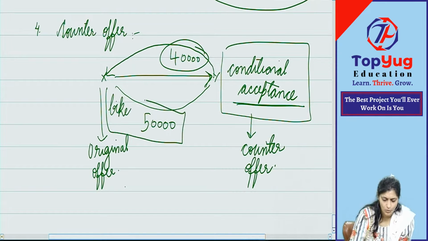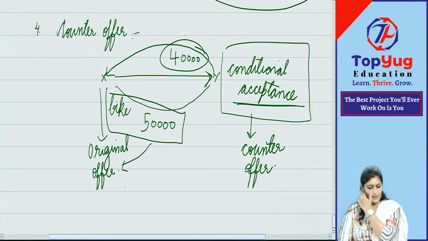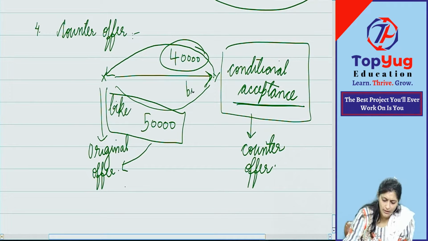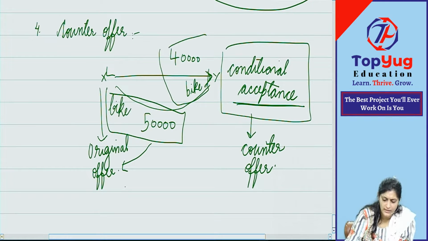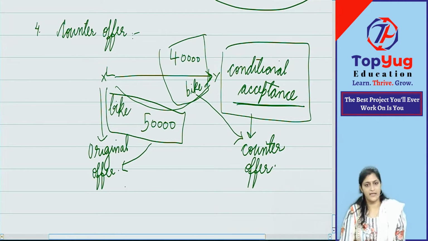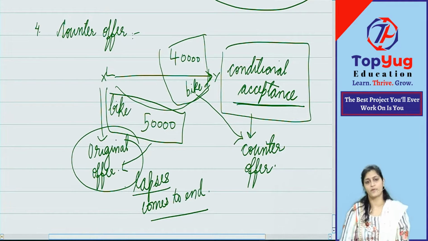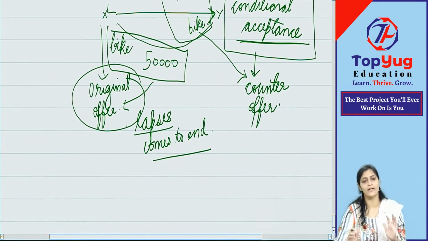The bike to be sold at 50,000 rupees is the original offer, and the bike to be purchased at 40,000 is the counter offer. What is law saying? Once a counter offer is made, the original offer lapses. Lapses means comes to an end.